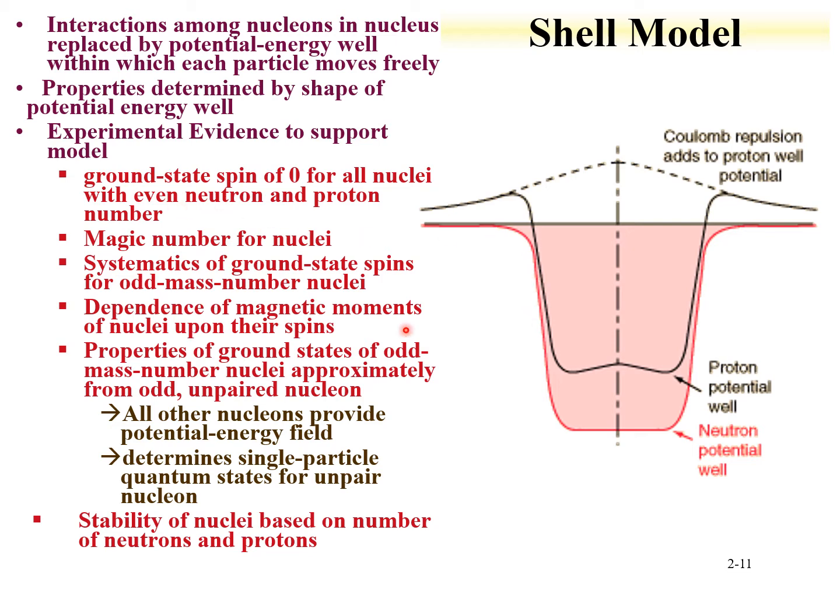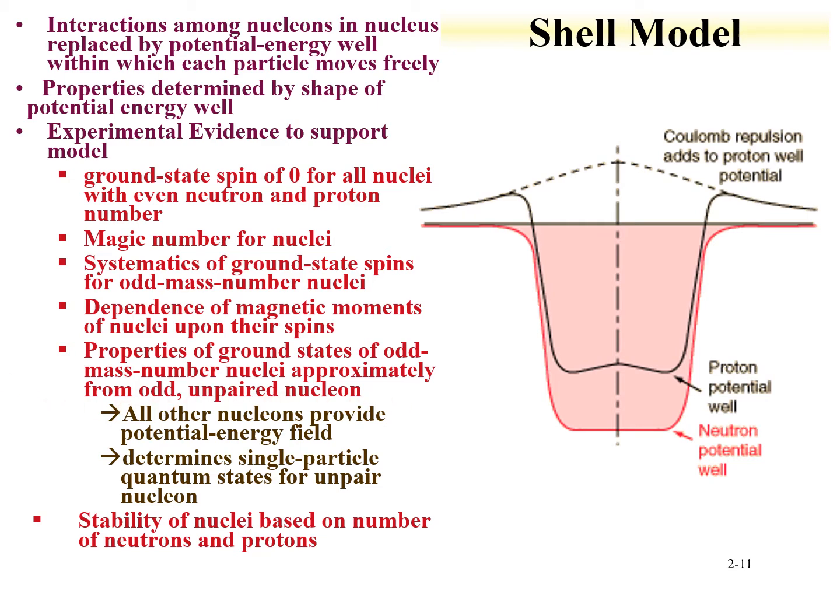There's some systematics on ground state spins for odd mass numbered nuclei, and a relationship between magnetic moments and their spins. Some of the properties of ground states of odd mass numbered nuclei can be determined from that odd unpaired nucleon.